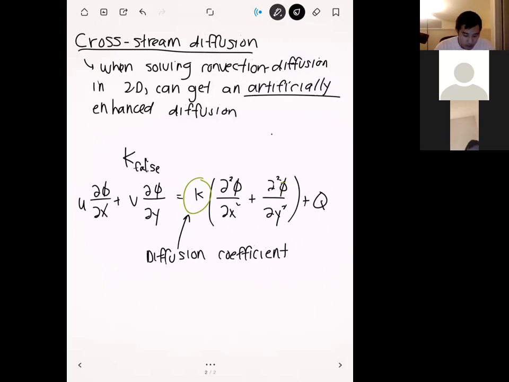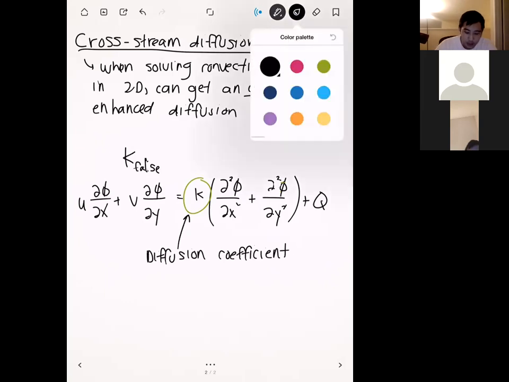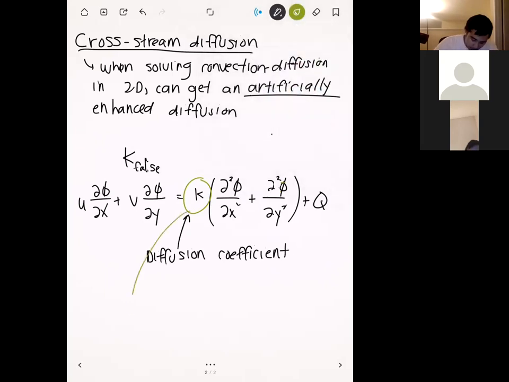What happens all the time when you add convection onto a 2D situation is that this diffusion constant gets enhanced. It's no longer just K, it becomes K plus K false. This K false is erroneous.